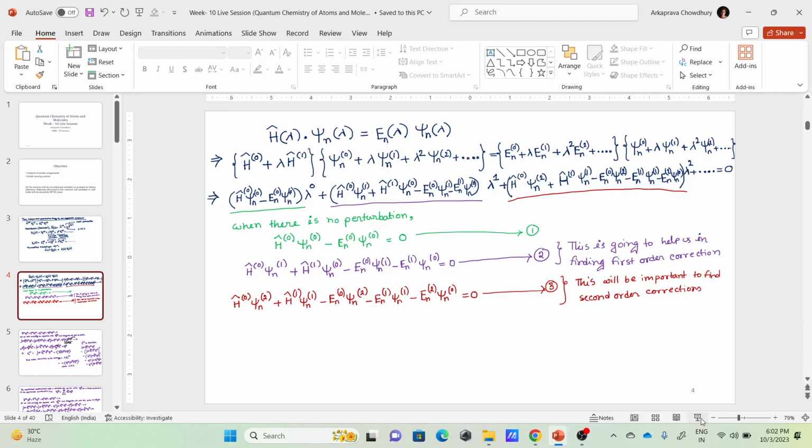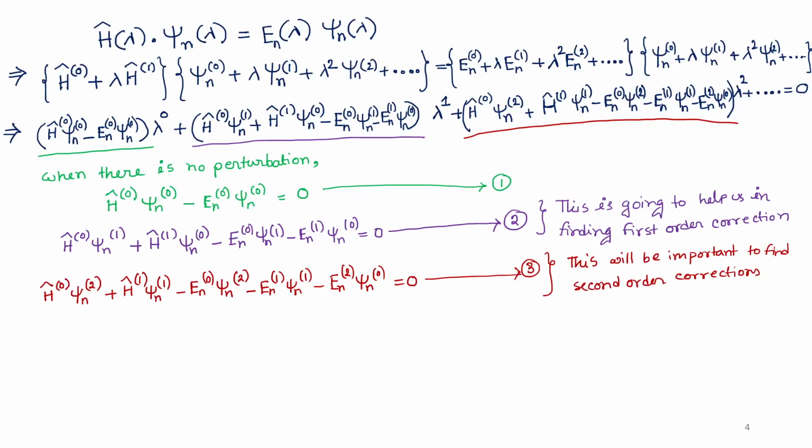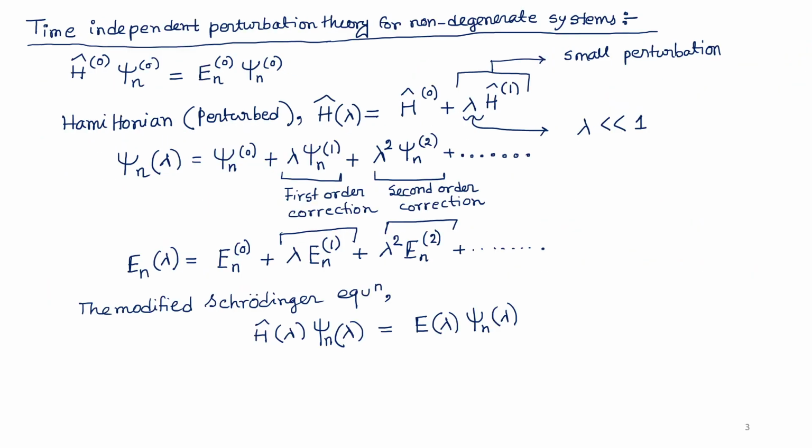What we have mostly done is deal with a small perturbation lambda H to the power one order, where H zeroth order is your unperturbed system. Then we introduce a small perturbation, and due to that the wave function and energy are described in a power series of lambda.